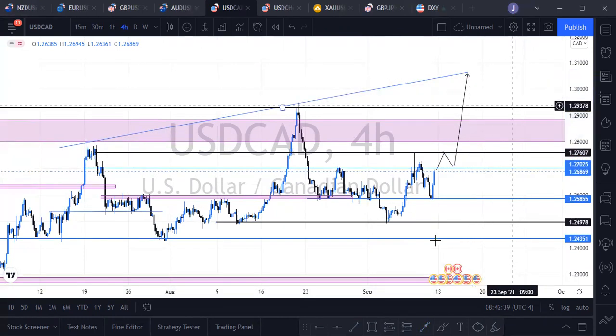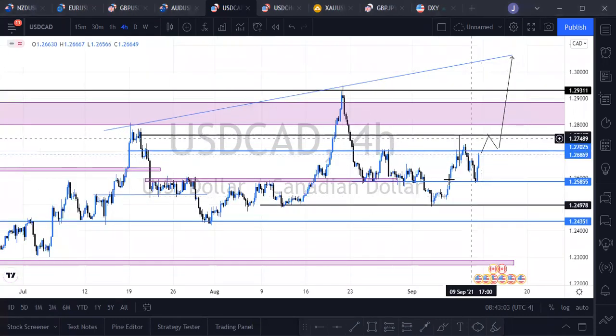So now we will be having 1, 2, 3 touches at the trend line. All right, guys. So now on USD CAD, I am bearish on USD CAD. This is my analysis on USD CAD.